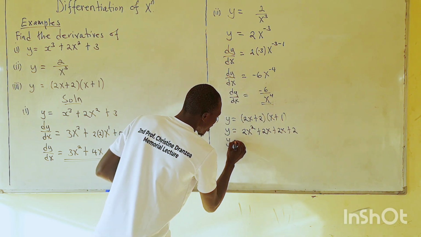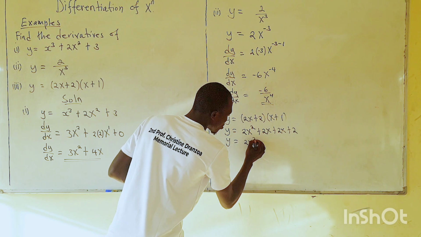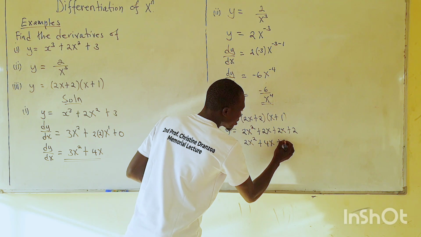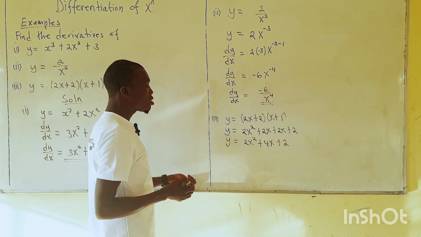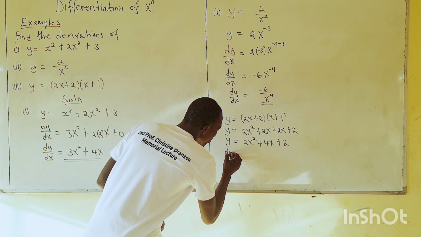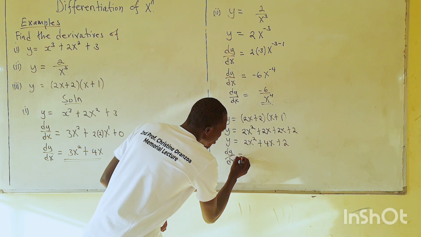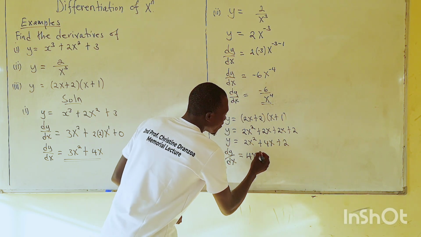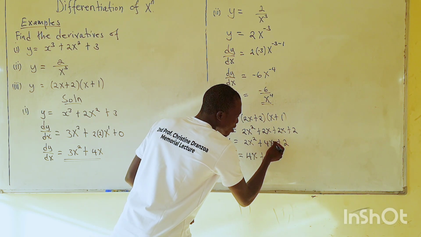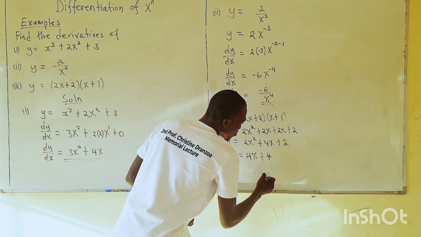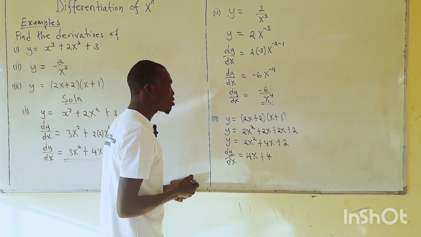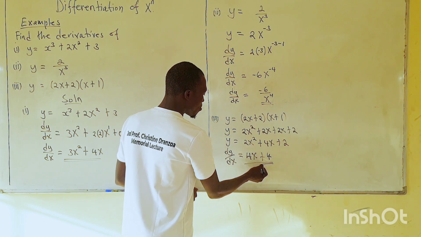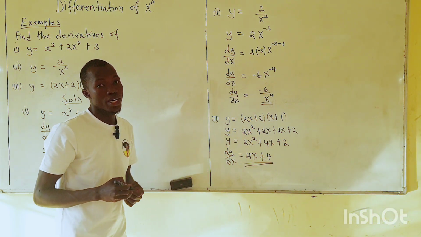So y equals 2x squared plus 4x plus 2. Now differentiating using the rule, dy/dx equals: bring the 2 down, we have 4x, plus, since the power is 1, when you bring it down it is 4, and x becomes power 0, which is 1. So our final answer is 4x plus 4. And that is our answer.